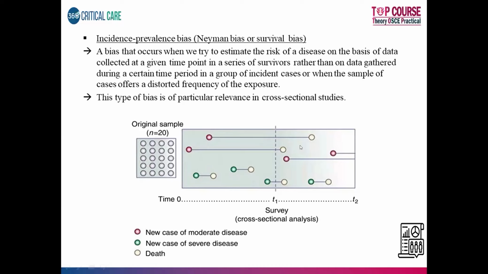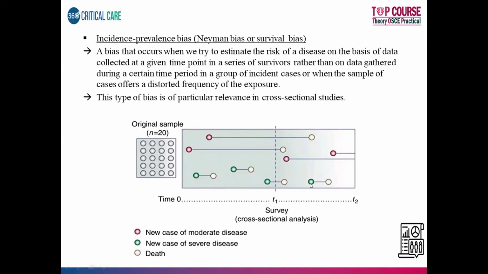Okay, if you see here, the number of moderate cases is 2 and the number of severe cases is only 1. So we get a prevalence ratio of severe versus moderate disease as 0.5, right?